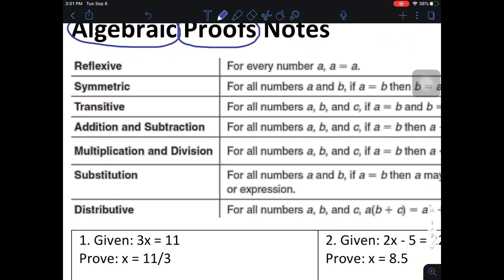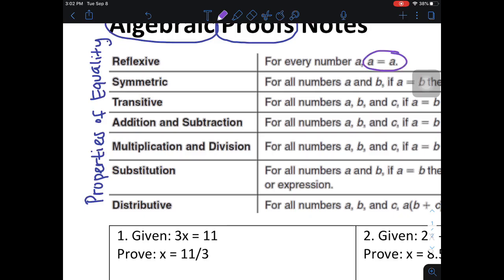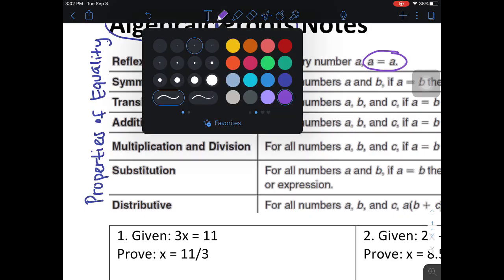Let's go through these properties of equality. I'm going to write it over here. These are the properties of equality. Okay, so we first have reflexive. The reflexive property of equality is just saying that anything equals itself. Really simple.